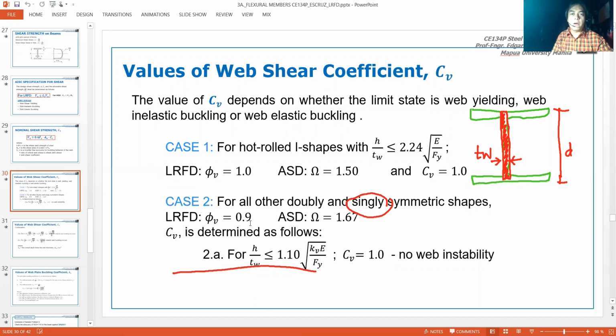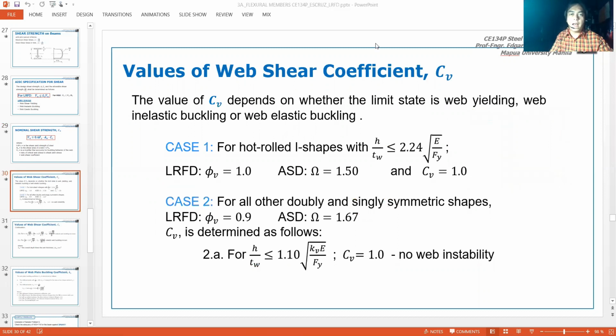These are the values of the web shear coefficient Cv. The values of Cv depend whether the limit state is web yielding, web inelastic buckling, or web elastic buckling. These three limit states can be identified by checking the following ratios. So for case 1, this is applicable for hot rolled.